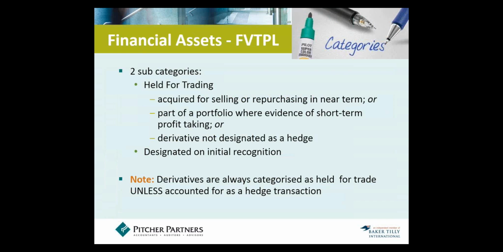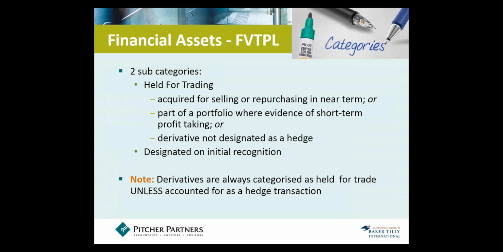If we start with financial assets and start with fair value through profit and loss, we've got 2 subcategories. Or really, how do you become fair value through profit and loss? It's either because it's held for trading, so it's acquired for selling or repurchasing in the near term, or it's part of a portfolio where there is evidence of short-term profit taking, or it's a derivative that's not designated as a hedge.